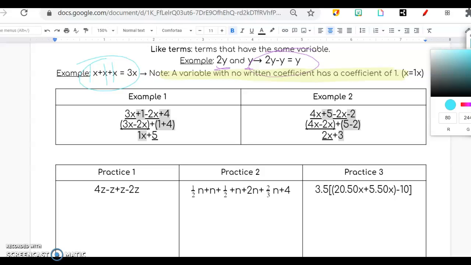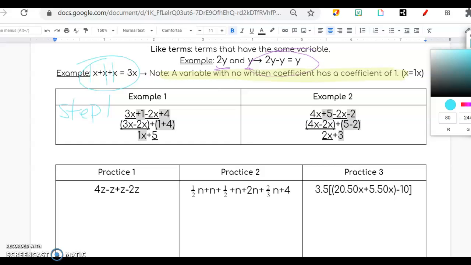So below I have example 1 and example 2 that walk you through step by step what we need to do. Because I printed this for you, I simply underlined and highlighted my different like terms. I have 3x and minus 2x that are like terms. I have plus 1 and plus 4 that are like terms. So that's my step 1. I boxed my terms and separated them.